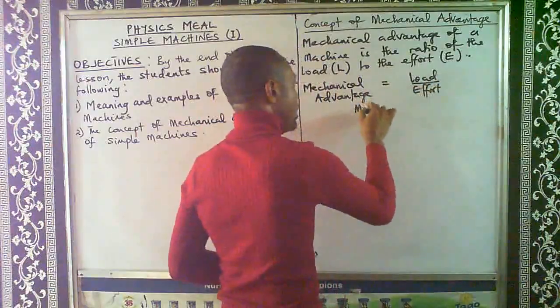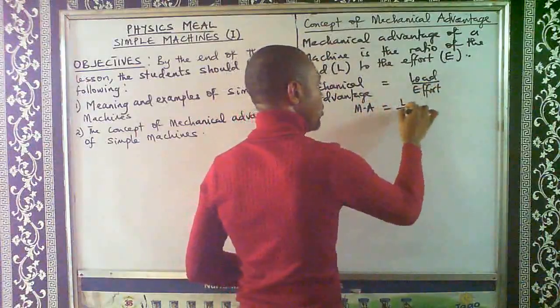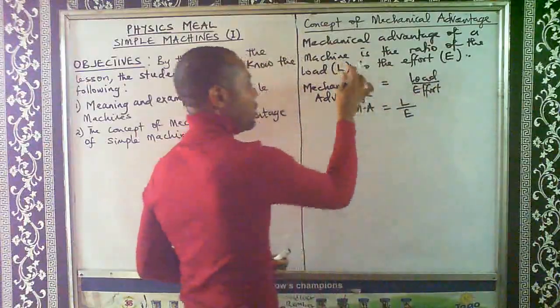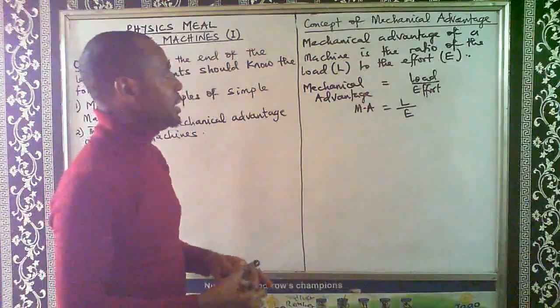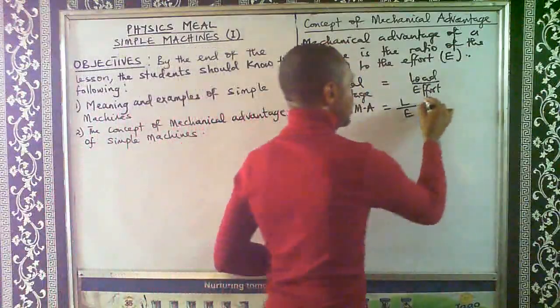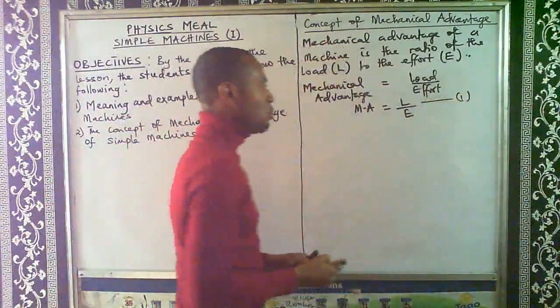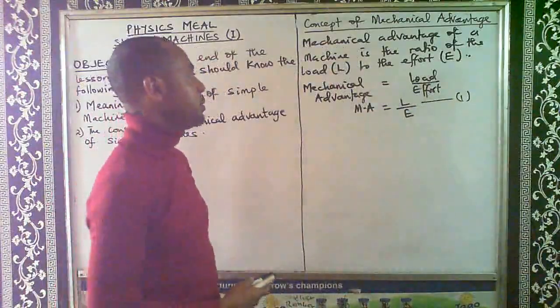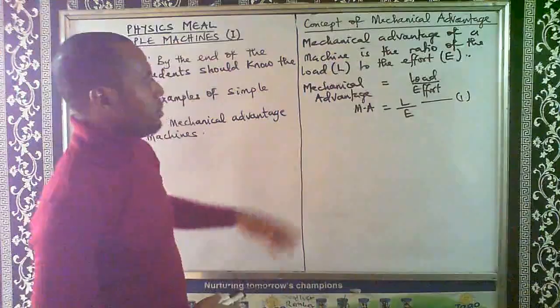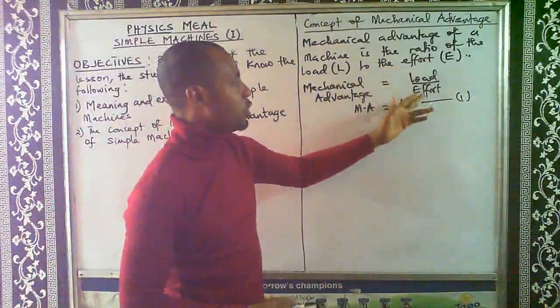So MA, the mechanical advantage, is L over E, where L is the load and E is the effort. We have an equation. I can refer to this as equation 1.